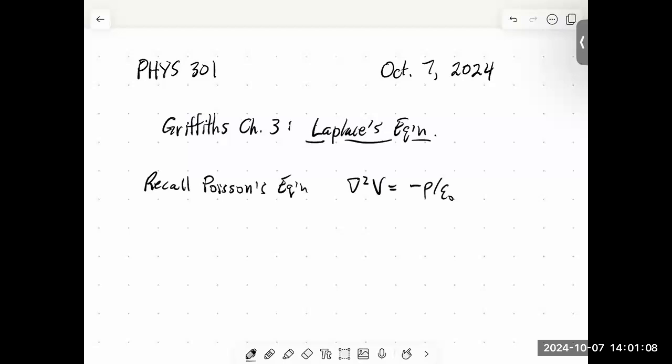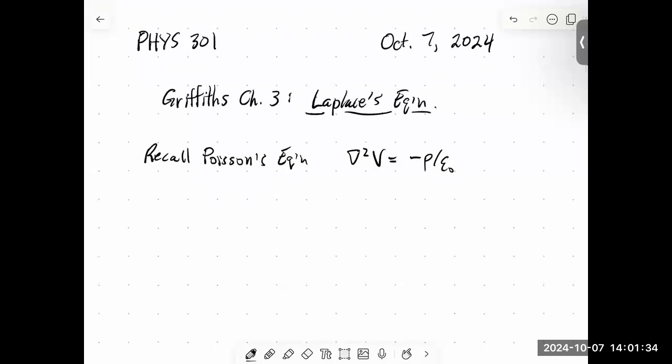This really just comes from Gauss's law, right? Gauss's law was that the divergence of the electric field was rho over epsilon naught. So if we write the electric field as minus the gradient of V, the divergence of the gradient leads to del squared, and the minus sign comes from the fact that we have to take minus the gradient of V.